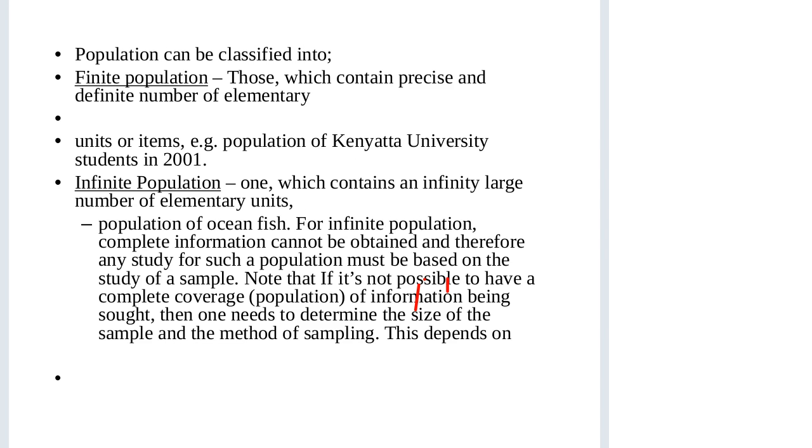Now, when you are determining the sample for your study, where the population is too large and you are unable to actually carry out a study based on the entire population, then you must be able to select a sample where you are going to carry out your study.